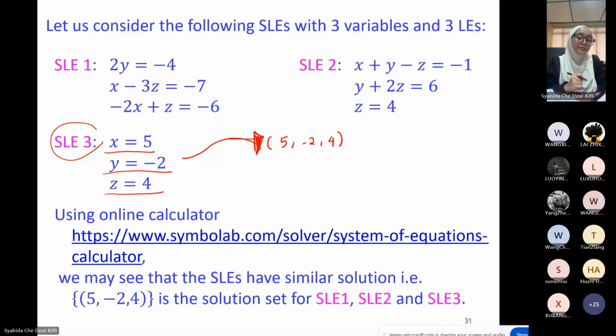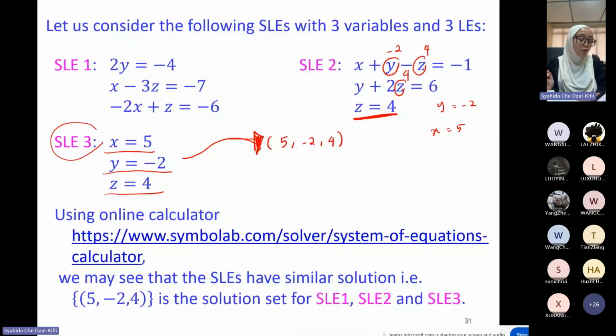What about system of linear equations number 2? To get the solution is also not difficult because we have z equal to 4. Therefore, you may replace z with 4 and then you will get y equal to minus 2. And then replacing y with minus 2 and z with 4, you will get the value of x equal to 5.